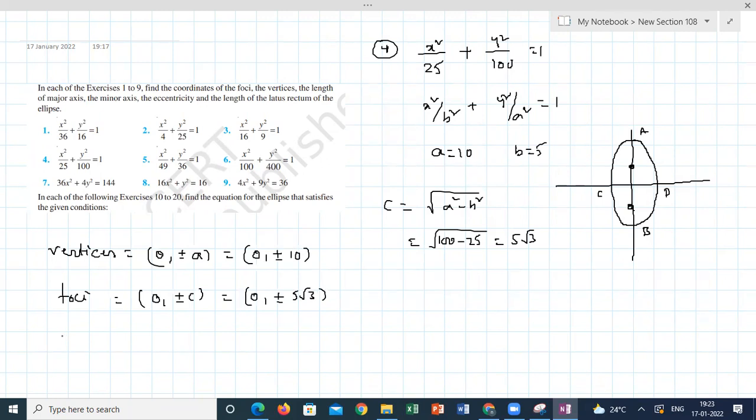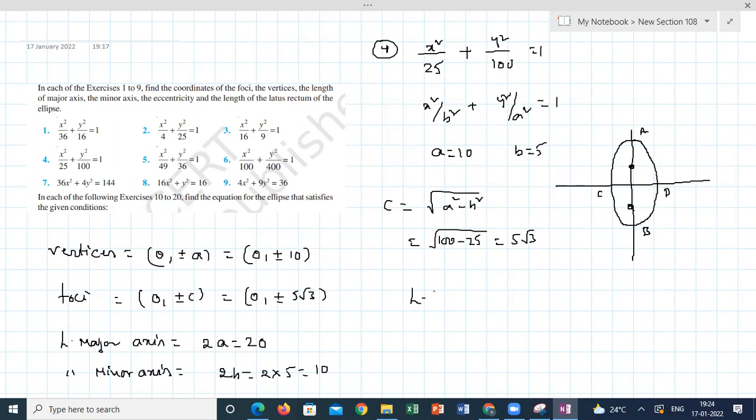Next one is the length of the major axis, 2a, which is nothing but 100, not 100, 20. Length of the minor axis, 2b, 2 into 5, 10.